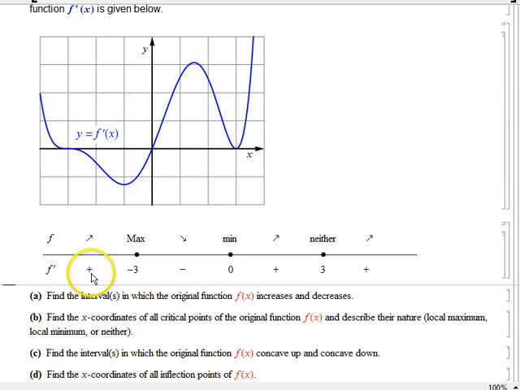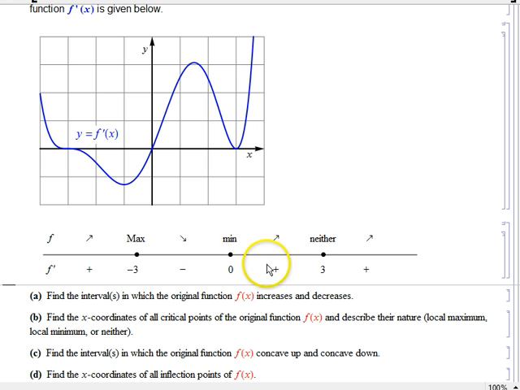That's how we found out plus, minus, plus, and plus. Finally, let us deduce the behavior of the original function. When the derivative is positive, the original function must be increasing, so let's use this arrow to denote it's increasing. And when the derivative is negative, the original function must be decreasing.